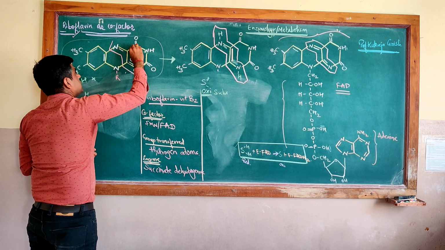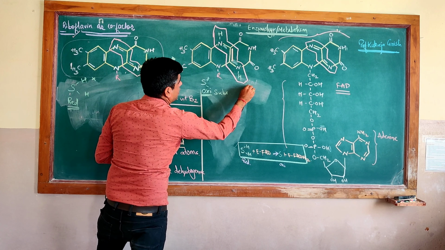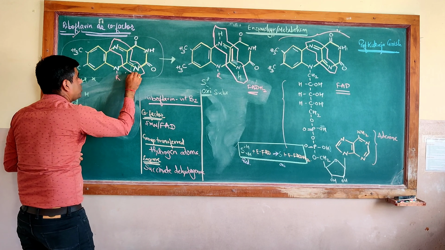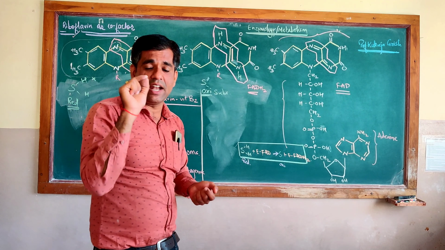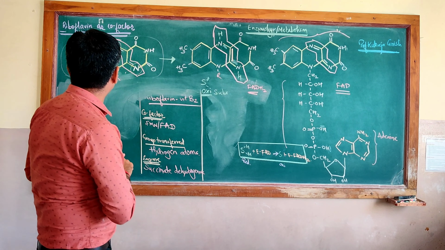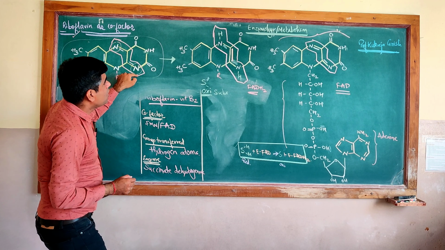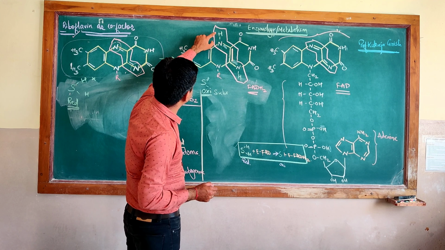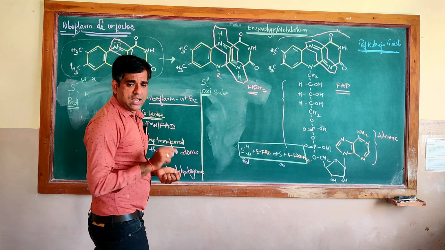This represents your FAD, and this represents your FADH2. It is these nitrogens which act as the transient intermediate carrier of hydrogen atoms. So hydrogen atoms from your substrate, one attached here, one attached here. The structure changes, the double bond is introduced here, these double bonds are removed, and there is formation of this FADH2.